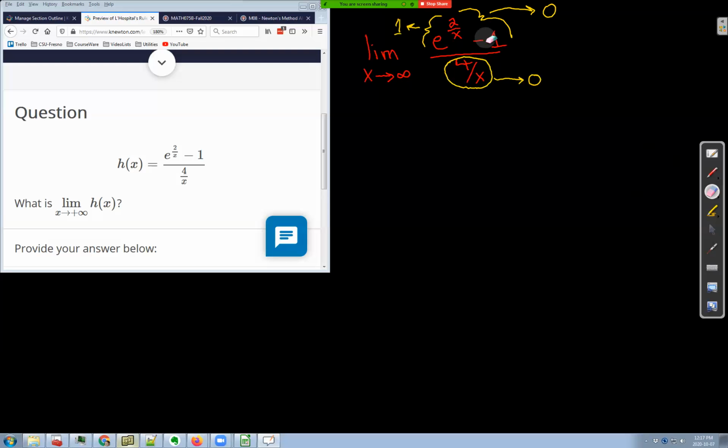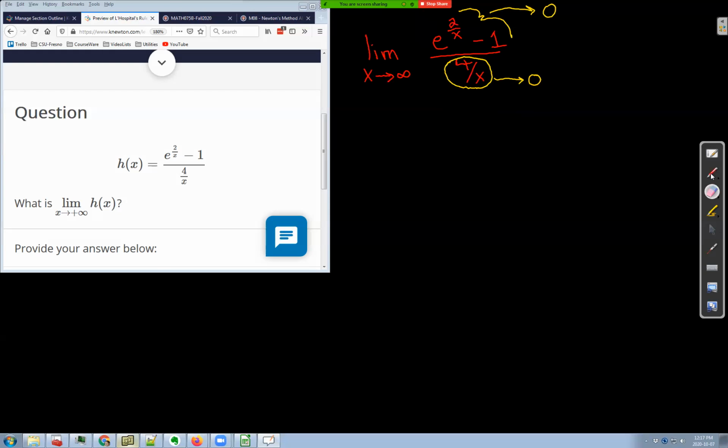But then I have to subtract 1, so the entire numerator is getting close to 0. All right, so all that work told me that it's safe to use L'Hopital's rule, it's okay to use L'Hopital's rule on this problem.